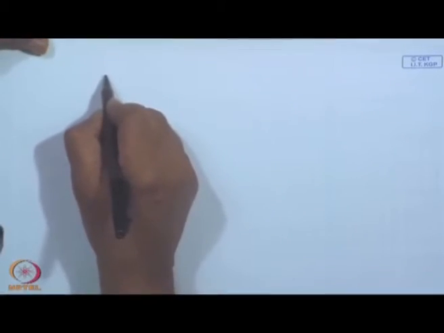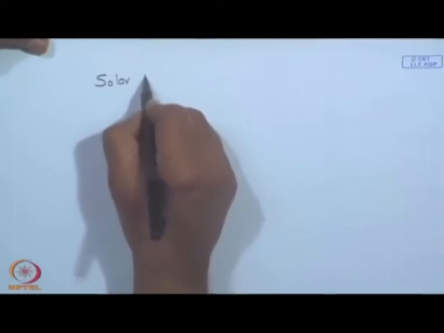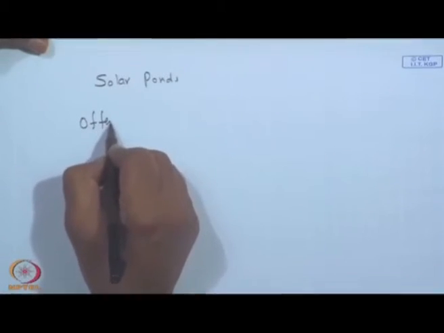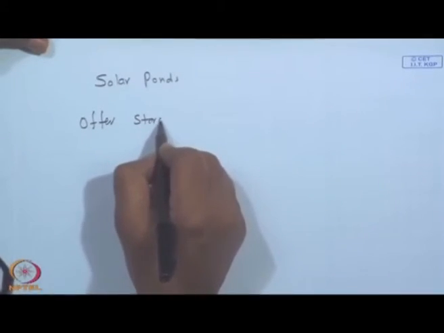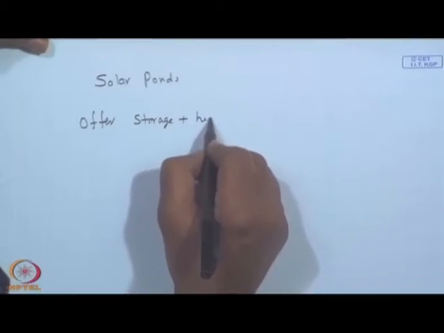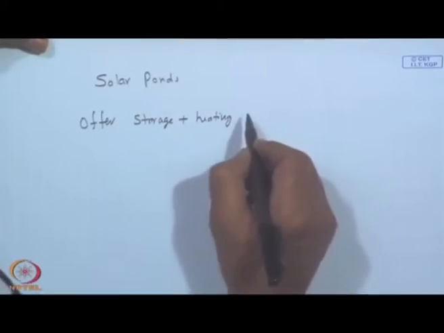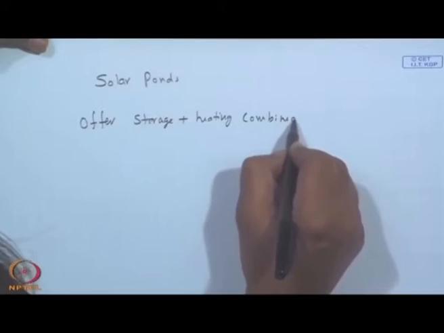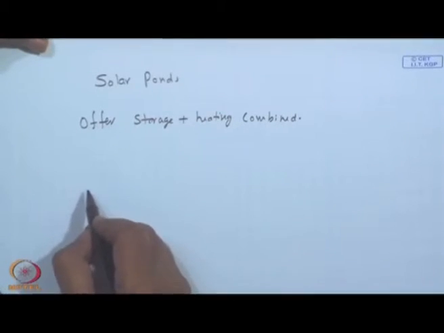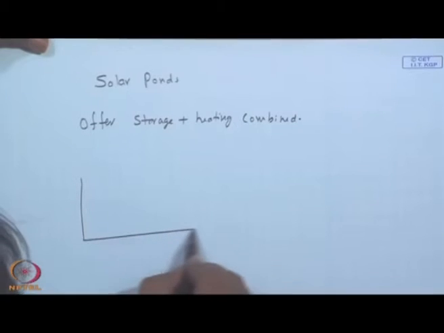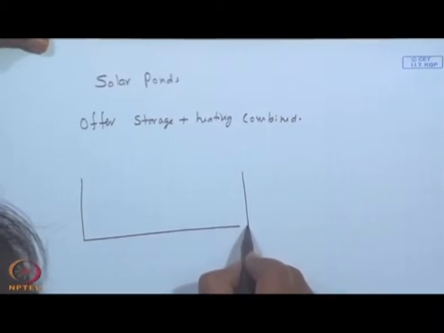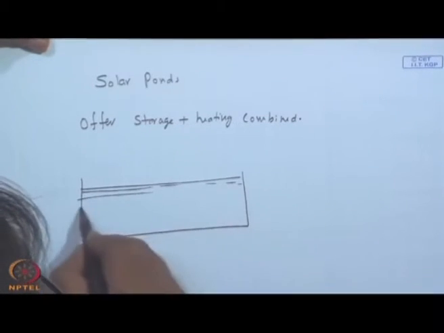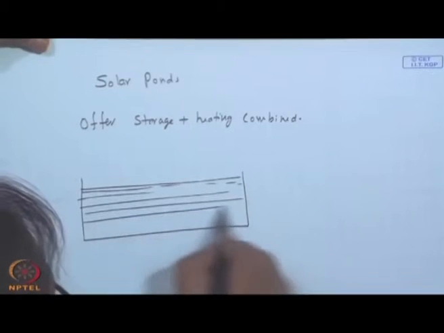But the solar ponds offer storage plus heating combined. If you take any ordinary pond, which I am representing just like this, there is water at some level, it could be a river, a pond, a small tank.